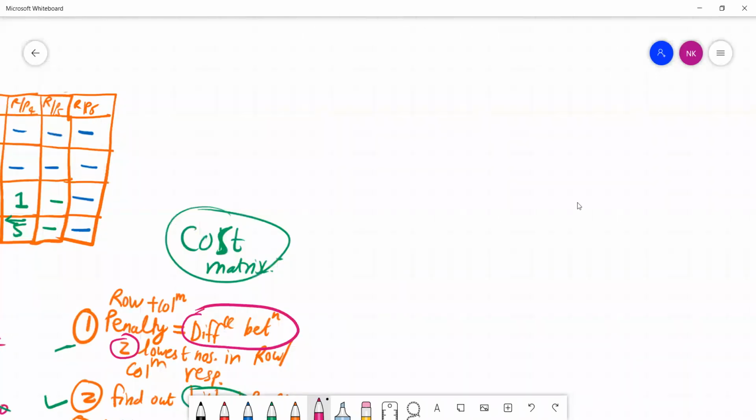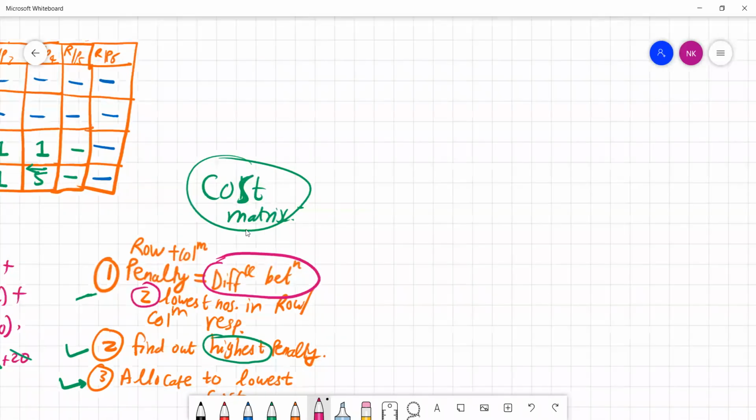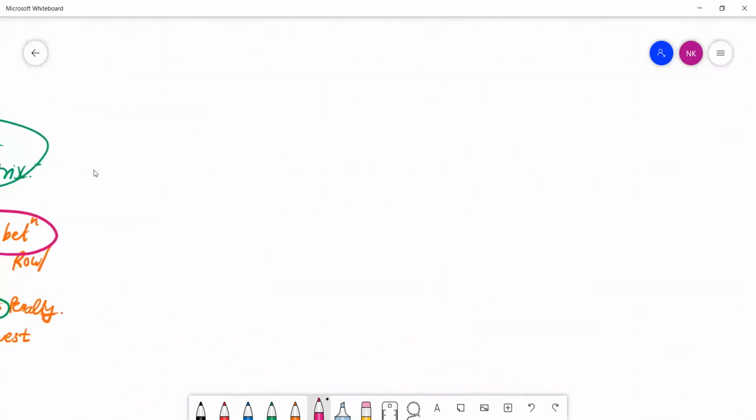So let's do an example for the practice. Another example. Okay, now I hope the screen is visible. Let me write the question.